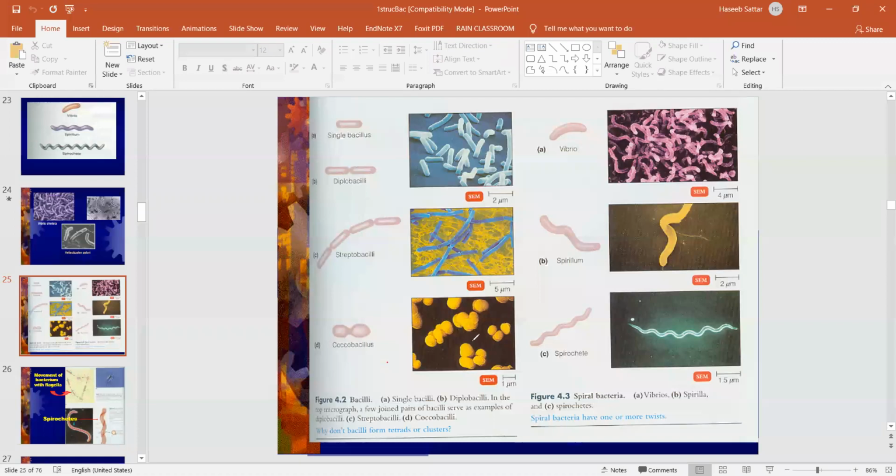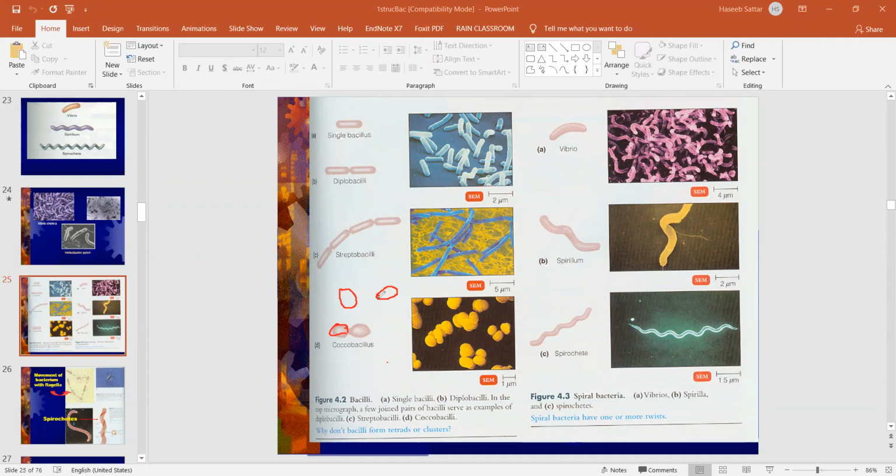Some bacteria have a shape similar to circular as well as similar to bacilli. Those bacteria are known as cocobacilli. Why do we call them cocobacilli? Because they are round, but they are also elongated. They are not completely circular, they are a bit elongated. That's why we call those bacteria cocobacilli.